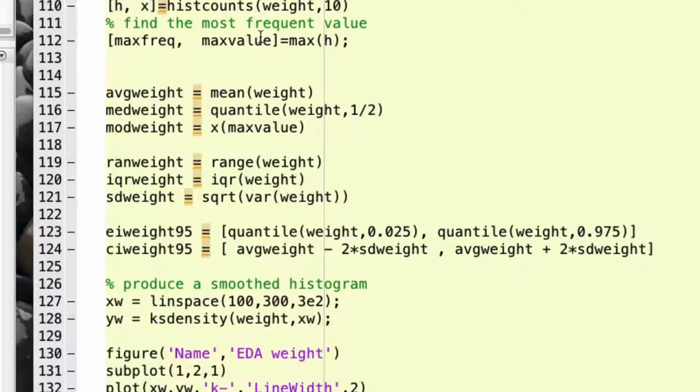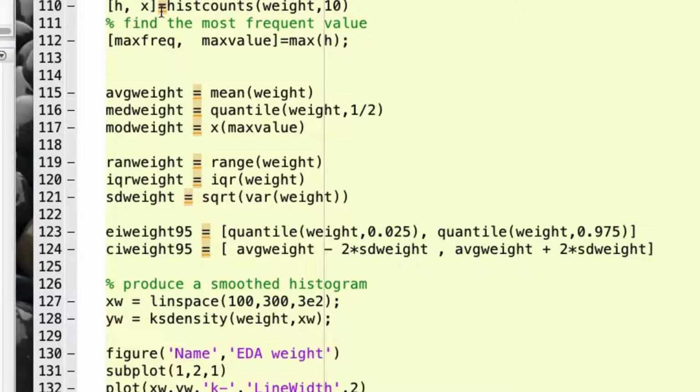So the way that we can approximate the mode of the sample is by constructing a histogram. This function counts the number of observations within each of these 10 bins. You can vary this number, and I would suggest that you do that as an exercise.